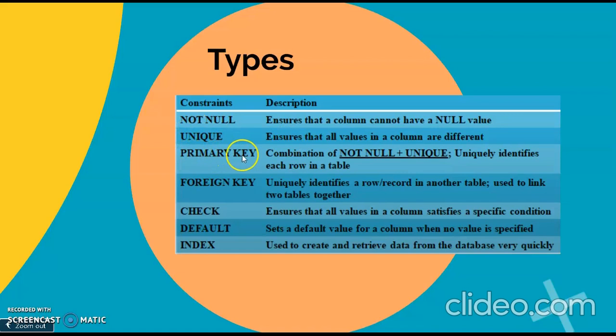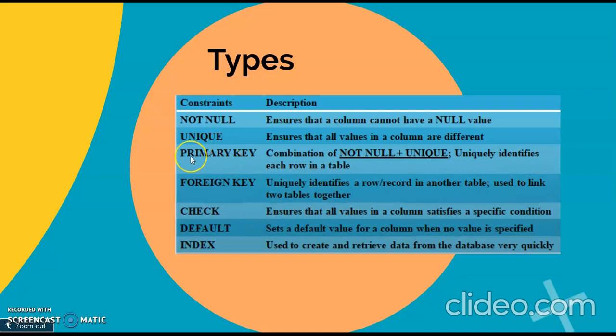Next, we have primary key. It is a combination of not null and unique. When I apply primary key to a particular column, consider roll number, then roll number should not be null and it should not be repeated. So I'll say primary key. Next is foreign key. It uniquely identifies a record or a row in another table, and is used to link two tables together.